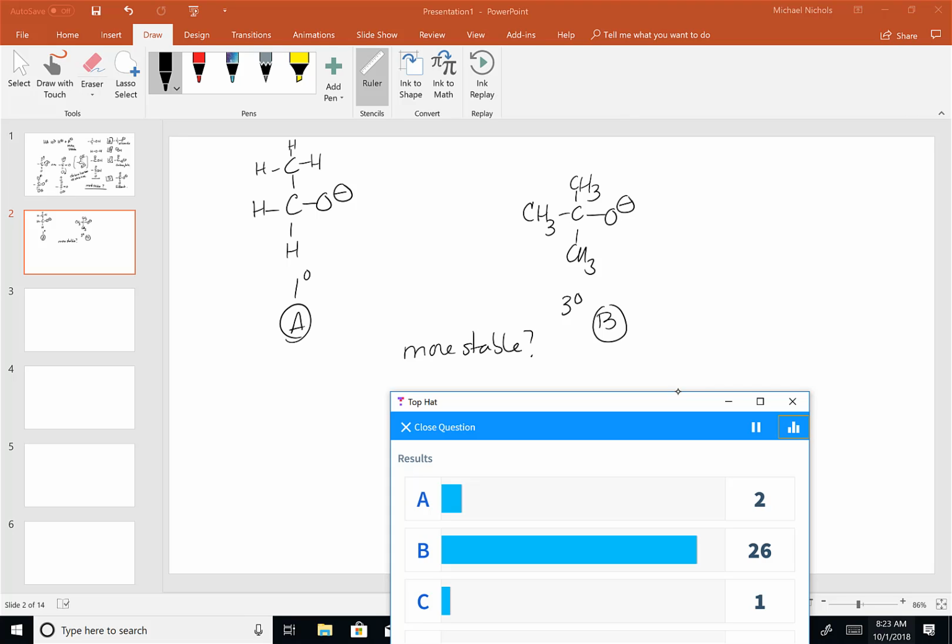I didn't think there was a C. C must mean, I don't know. Why was B more stable? I'm confused. And trust me, I'm not the only one.